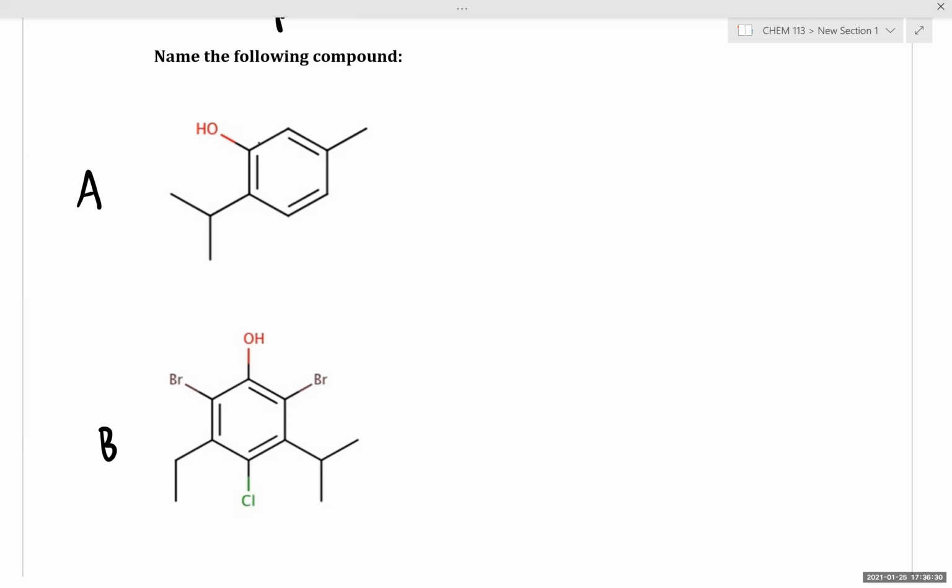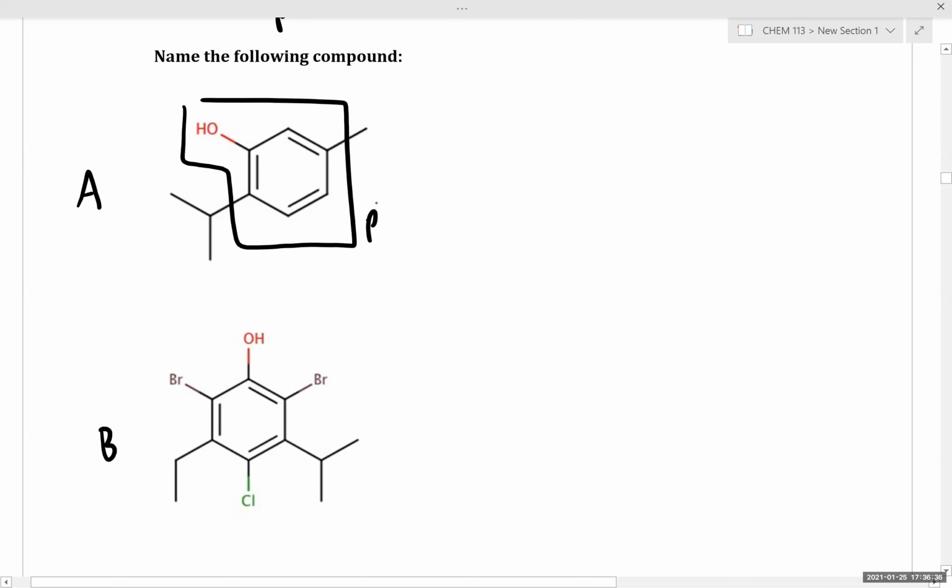So we have a proposal for A. So let's take a look. So A, the student chose the stem of phenol. The alcohol or hydroxyl group in phenol is priority 1. And we have 2 choices.